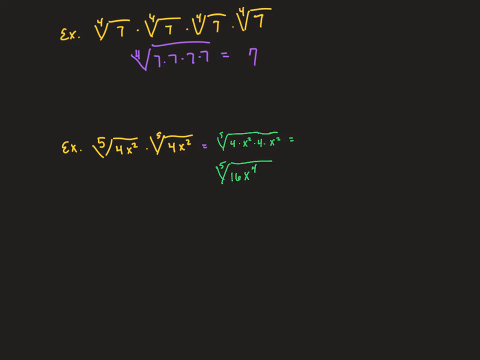There is no fifth root in there for me to pull out and simplify further, because 16 is 2 to the fourth power, so there are not 5 2's, and x to the fourth is to the fourth power, not fifth power. So this is about as simple as it's going to get.